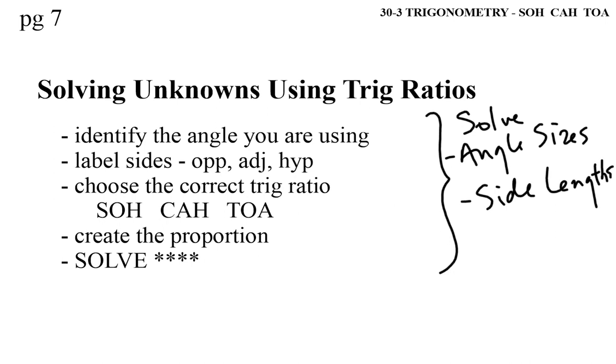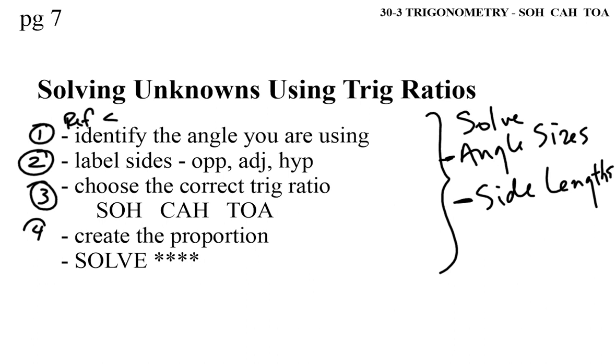So those are the two things we want to calculate, angle sizes and side lengths. Our first step that we've been talking about, identify the angle you're using, that's your reference angle. Label the sides, we've been practicing that. Choose the correct trig ratio, that's what we've been doing.